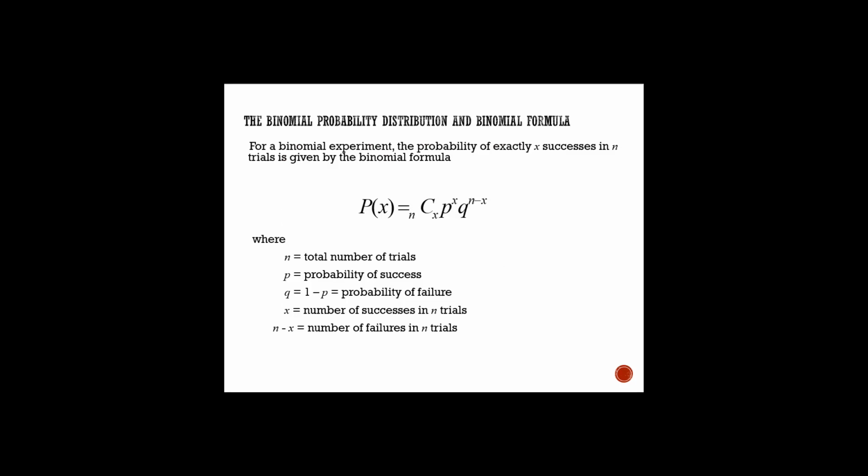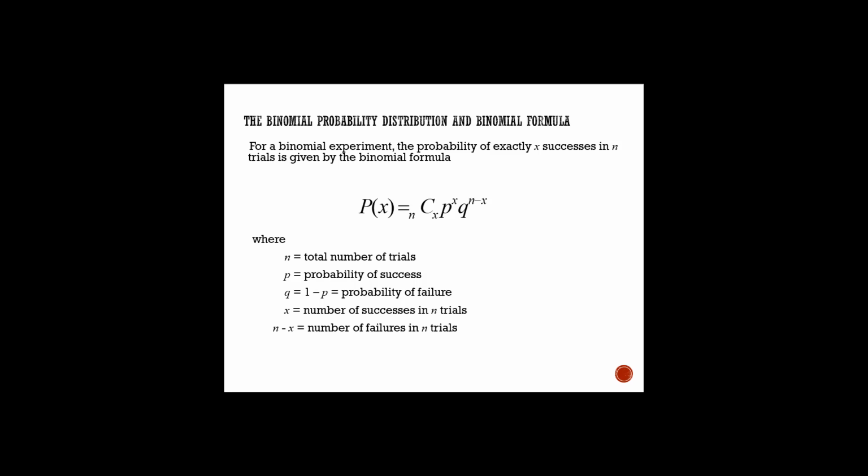If an experiment meets the criteria for a binomial, then what we have is a formula to calculate the probability. Now, what we're dealing with is usually we have to identify certain pieces of the binomial. We identify n, which is the total number of trials, and we have p, which is our probability of success at a trial.